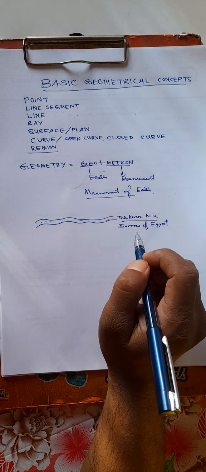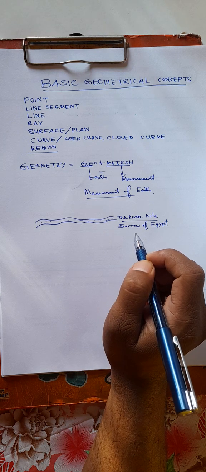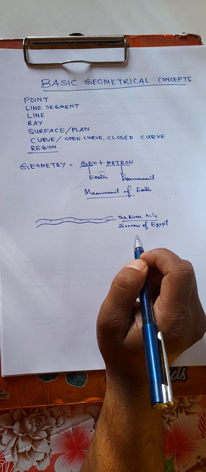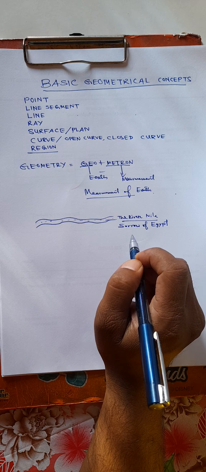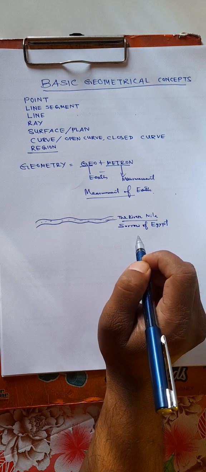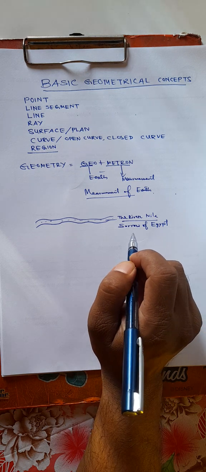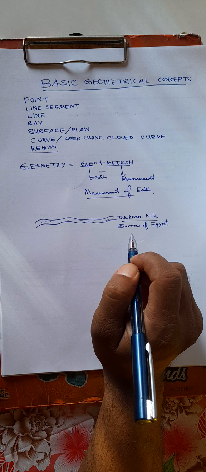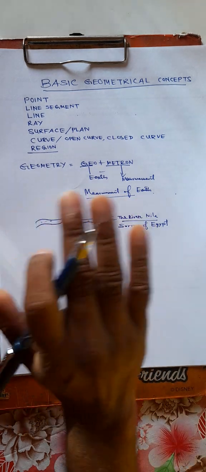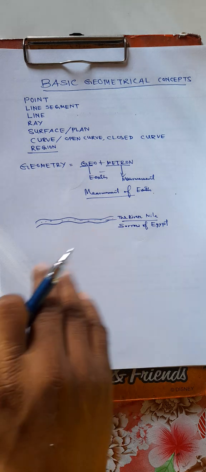The concepts of geometry were used even before the birth of Christ. There is something called the shore of Egypt. The river Nile is called the shore of Egypt. Every year during the time of flooding, the land boundaries were wiped out due to deposition of soil over it. So farmers had to find out the boundaries again.